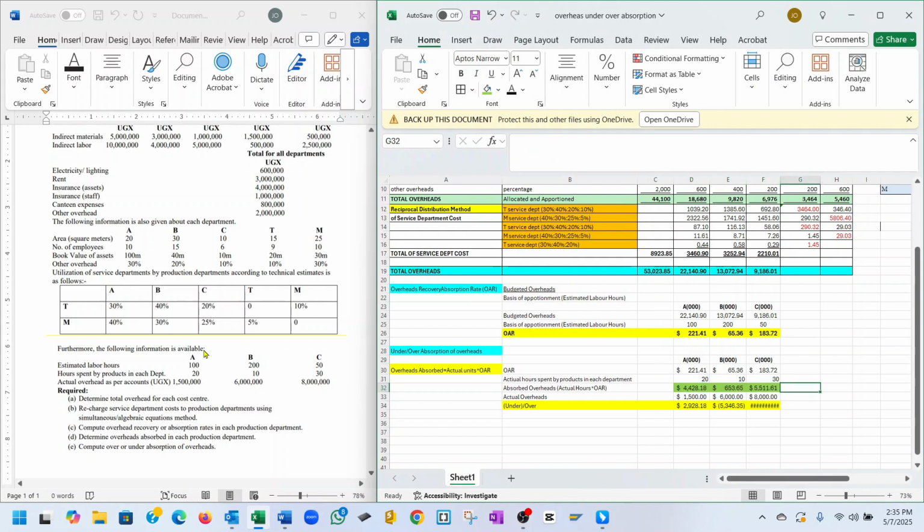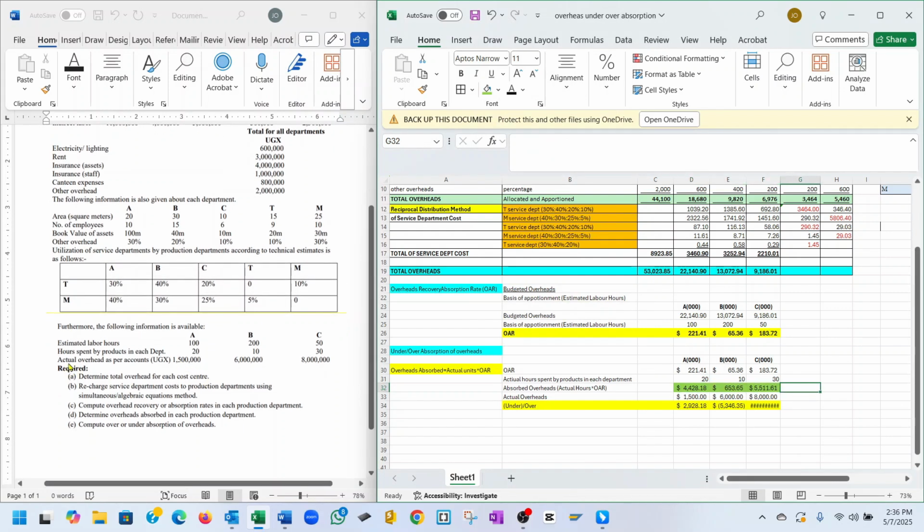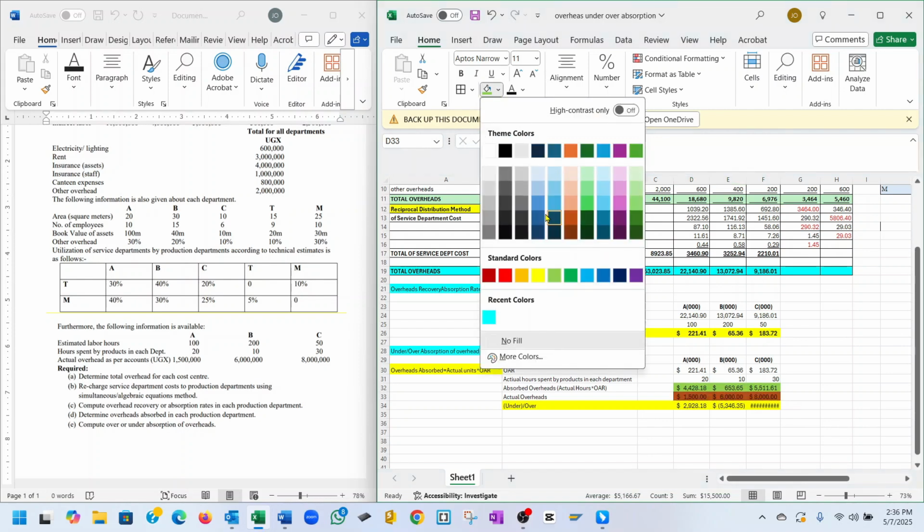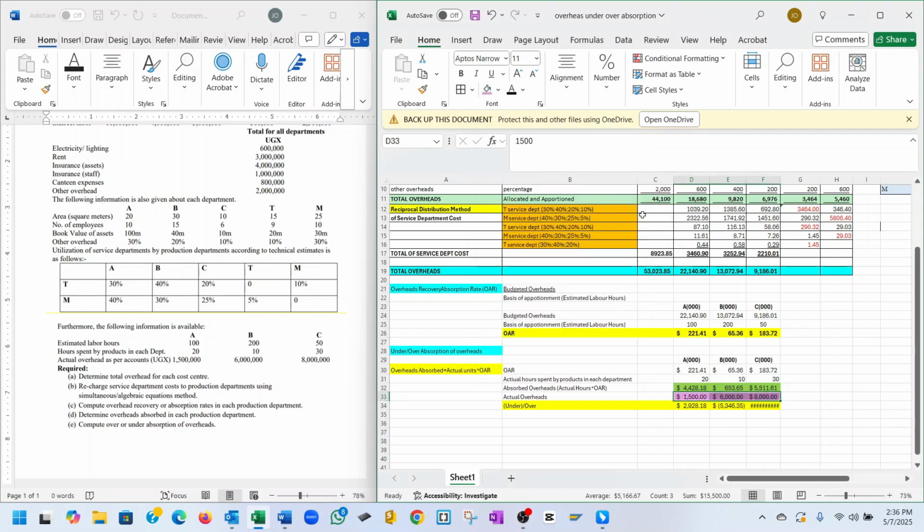In the question, they say actual overheads as per account. So the actual overheads has been given here. Remember, there are four zeros on top, so you have to remove the four zeros.